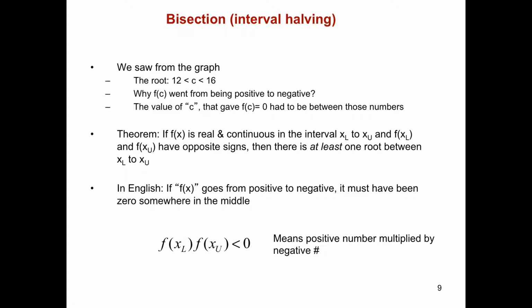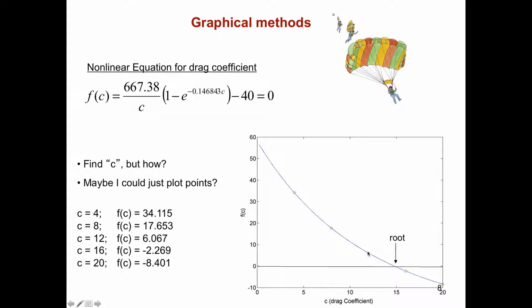Now, I can also employ the computer to do this refinement, if you will, and go closer and closer to my 0. So I can see here that I can find the interval, at least the rough interval. In this case, this could be between 12 and 16. Okay?